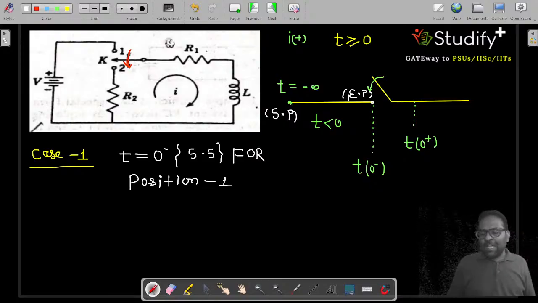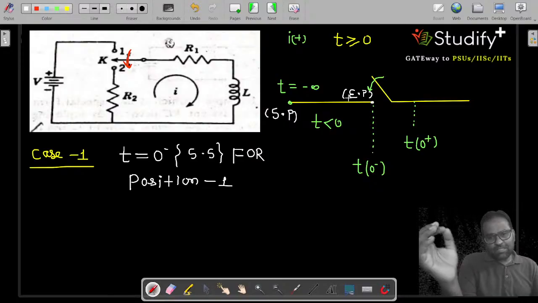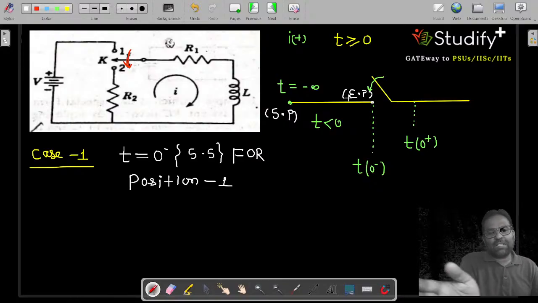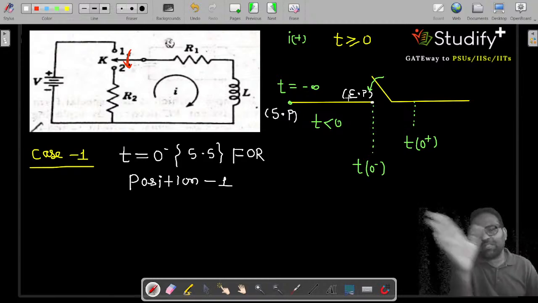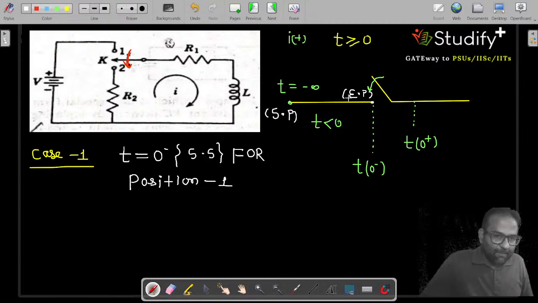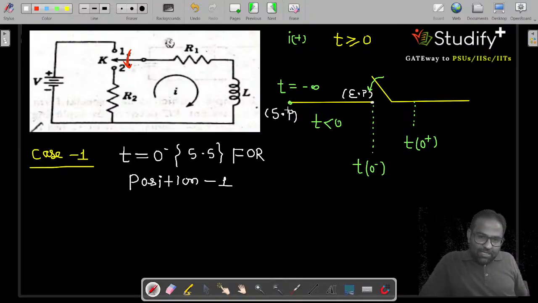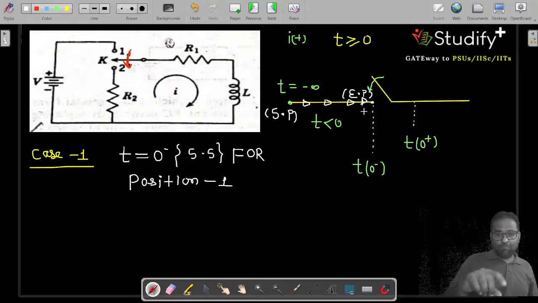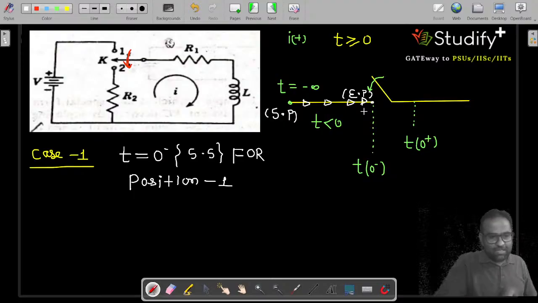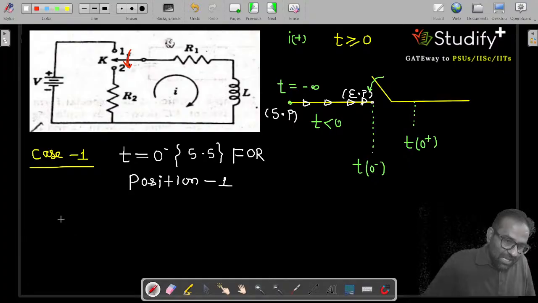The questioner is not interested in t less than 0, only t greater than 0. When we start from t equal to minus infinity and slowly reach t0 minus, can I say my circuit has achieved the steady state? If so, how can I draw my circuit at t0 minus?